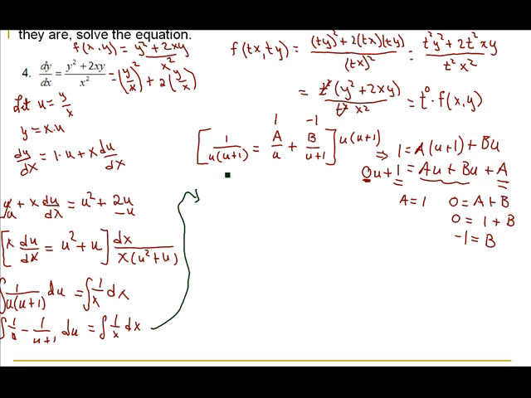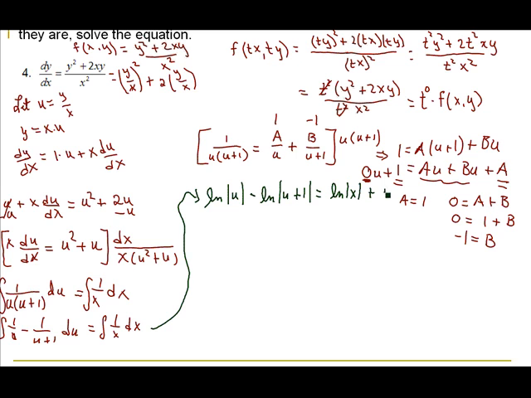The integral of 1 over u is the natural log of u minus the integral of 1 over u plus 1 gives you the natural log of u plus 1. On the right side of the equation, the integral of 1 over x is the natural log of x.